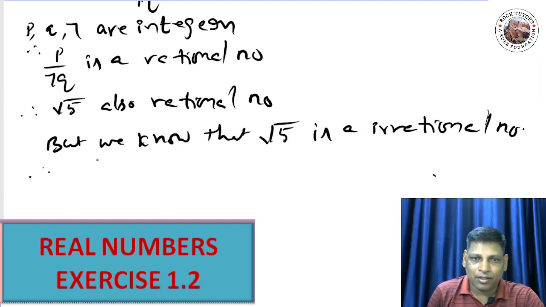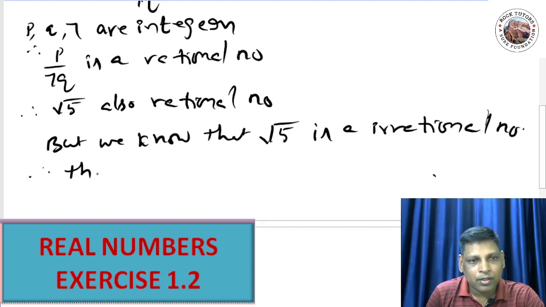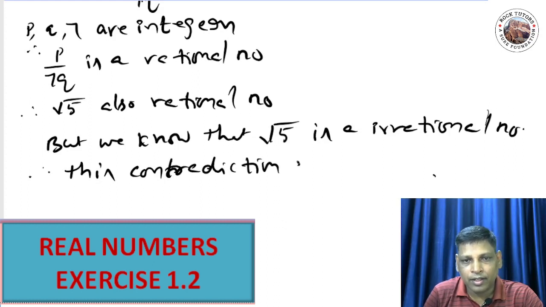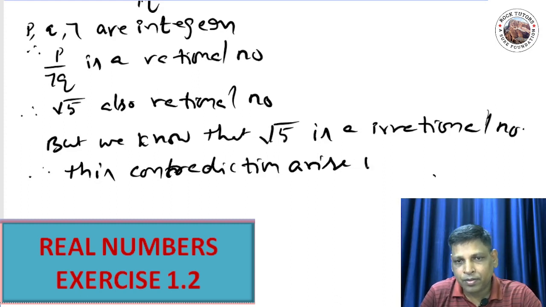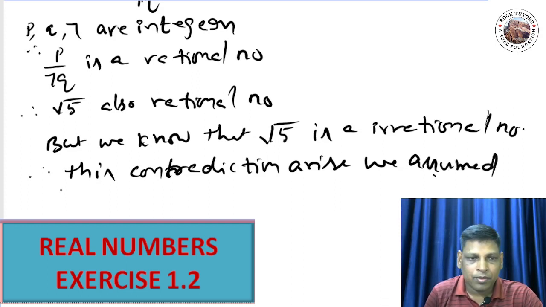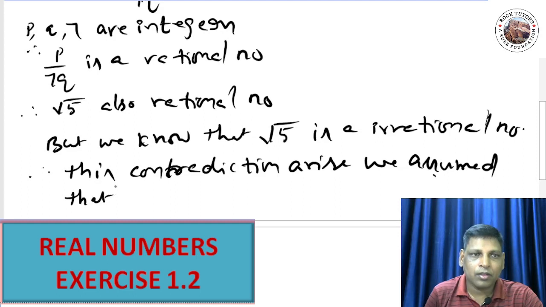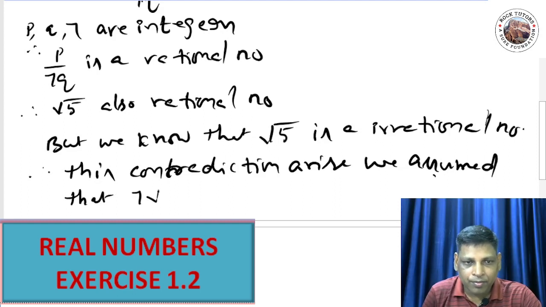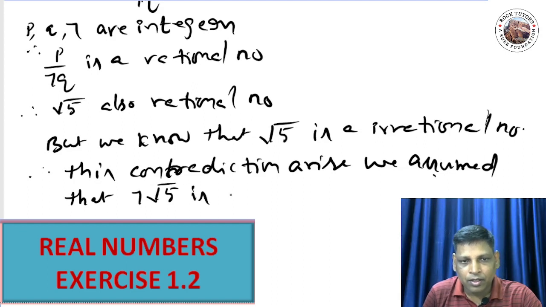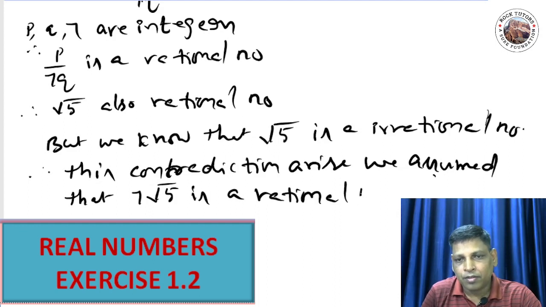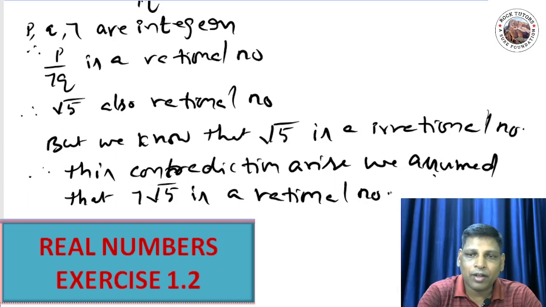This contradiction arises because we assumed that 7 root 5 is a rational number. Therefore, our assumption is wrong.